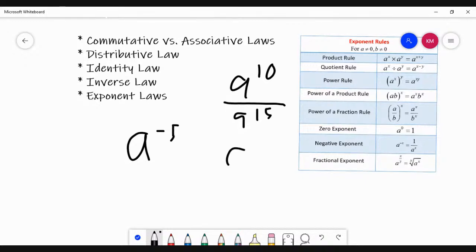Well, we know a over a with 2 exponents will have me subtract them. So then a to the 10 minus 15 gives me a to the negative 5th.